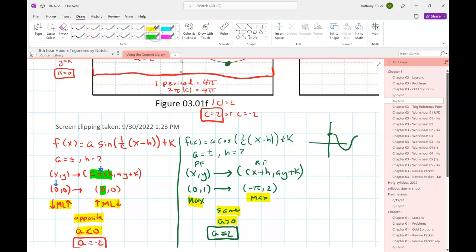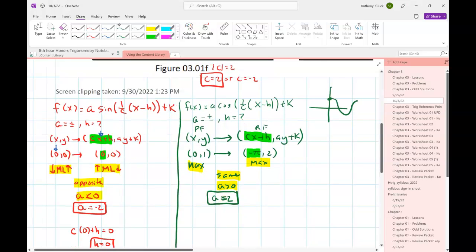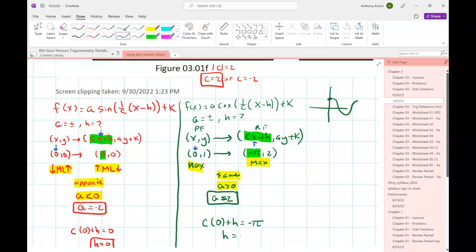And then just like I did for sine, I know that Cx plus h has to equal negative pi. And what is the x here? It's the x from the parent function. So I know c times 0 plus h has to equal negative pi, or just that h is negative pi.